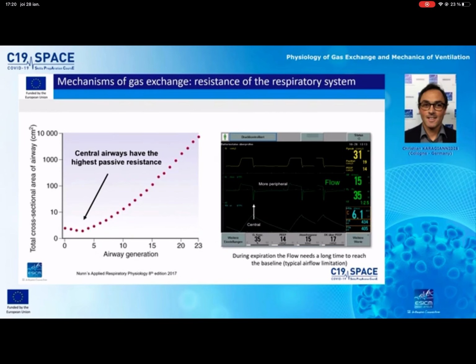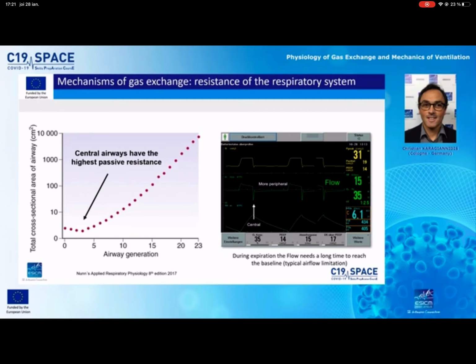In regard of the airways, you always have a certain passive resistance. This passive resistance is physically dependent on the cross-sectional area. So this is something you usually cannot influence in patients, except you have some mucus plugging in the central airway.